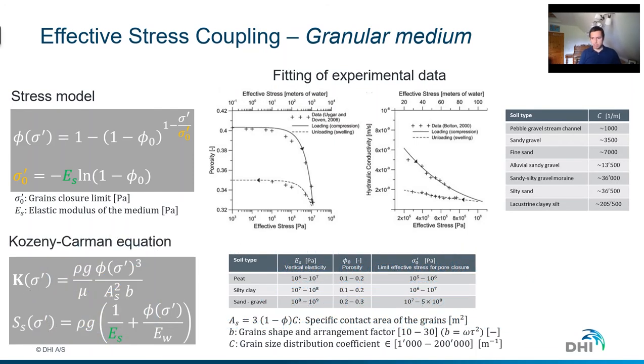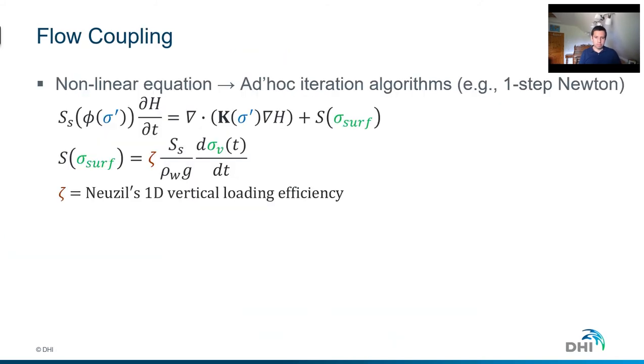Knowing the values of effective stresses, we can plug this information into the very famous Kozeny-Carman equation to get the values of conductivity and specific storage. Each granular family defined in the system requires input parameters, and the main parameters are listed in this table: elasticity module, porosity, and limit effective stress for pore closure.